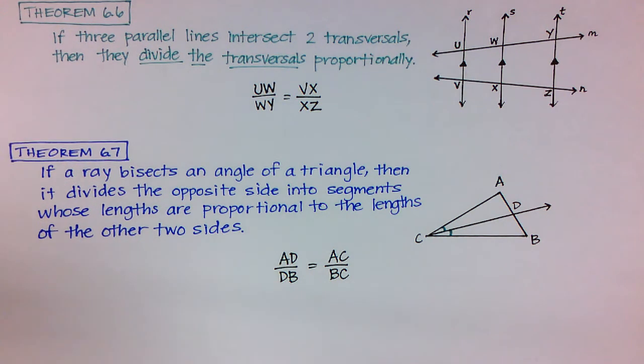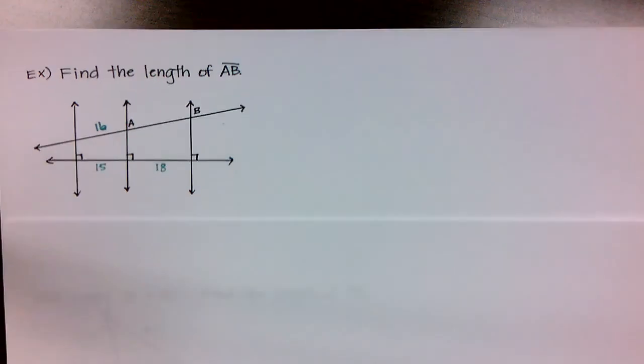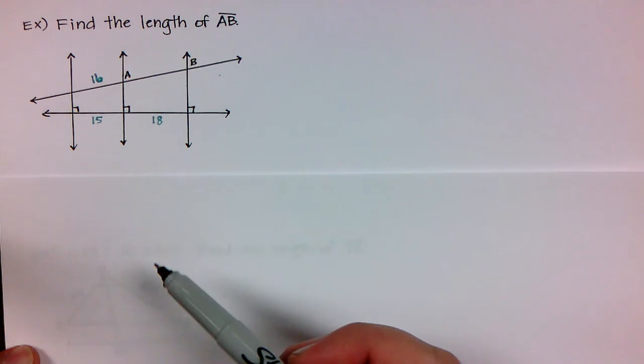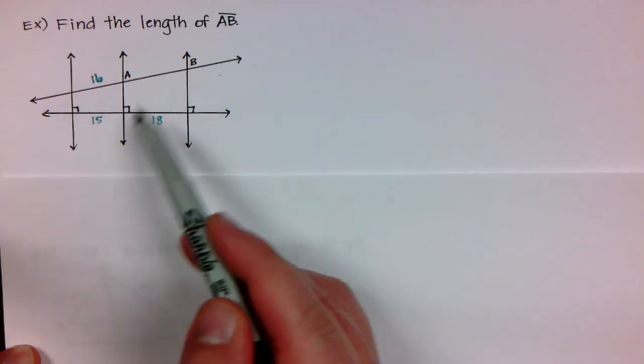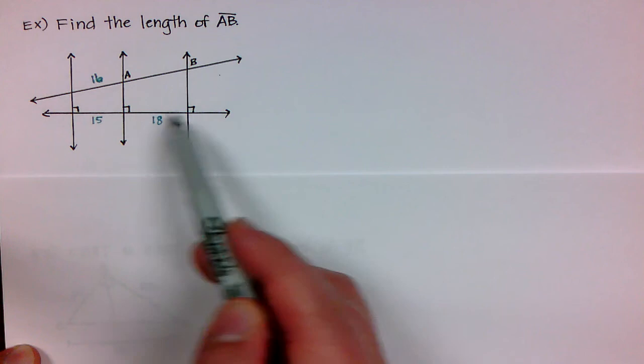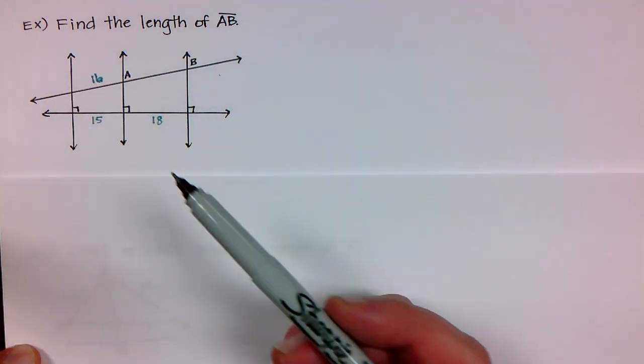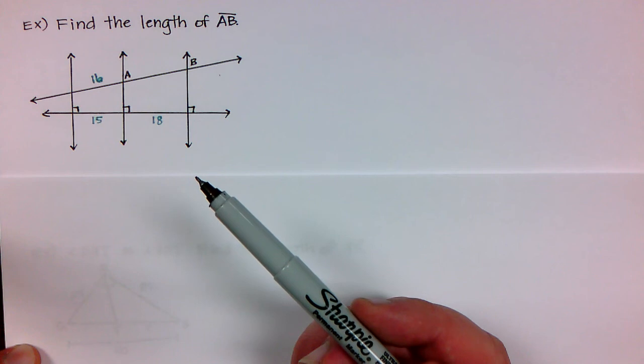So to close this out, I have two examples related to both of these. The first one is asking us to find the length of AB. Okay. And as you can tell in this diagram, because these lines are meeting this bottom transversal at 90 degrees, that's telling me that all three of those lines are parallel to one another.